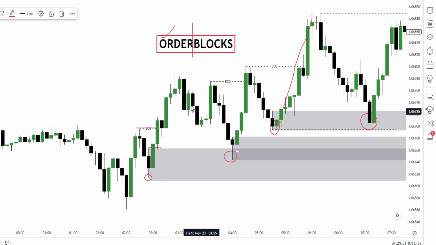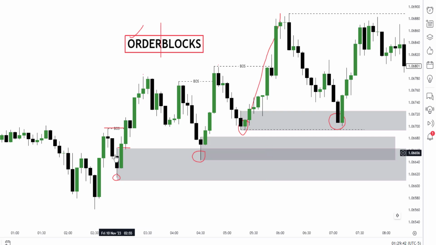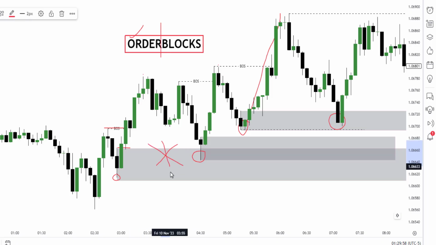As price comes back to touch this order block, you take your buy from here. This becomes your bullish order block because price is expected to touch it and move up again. If price creates another break of structure, it means that particular order block has been mitigated, which means the order has been fulfilled or filled.